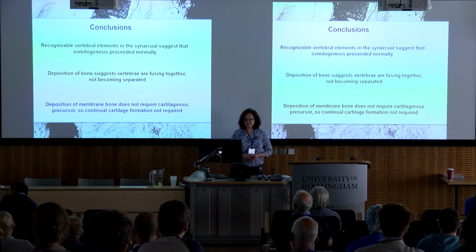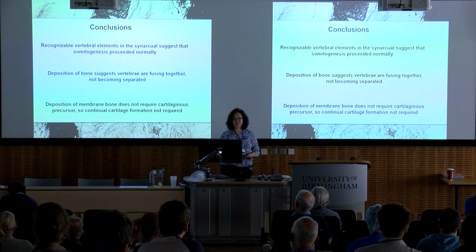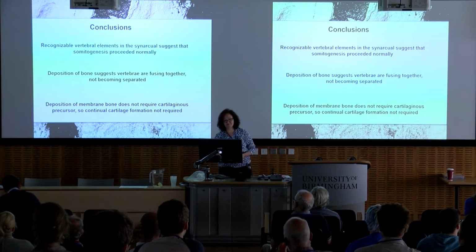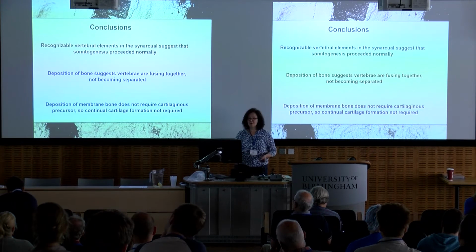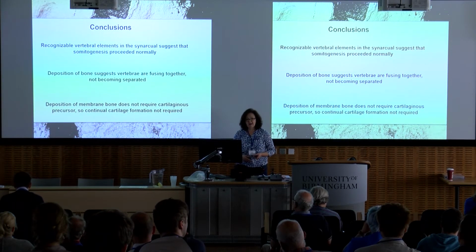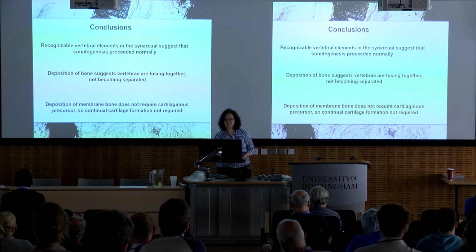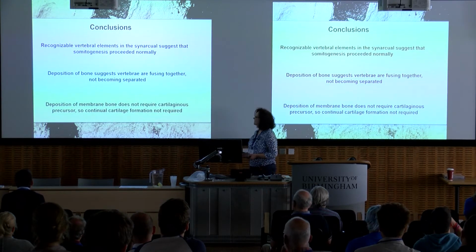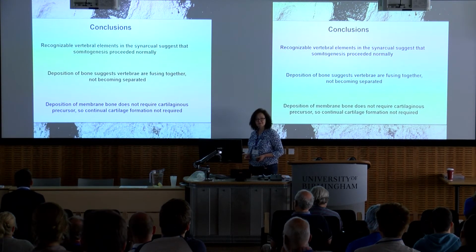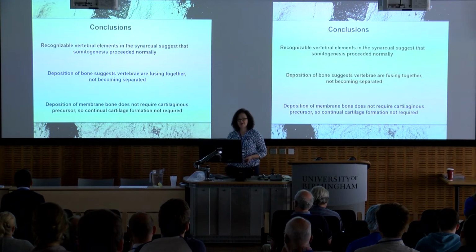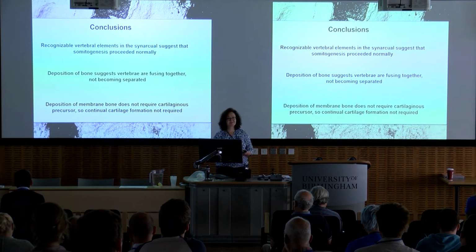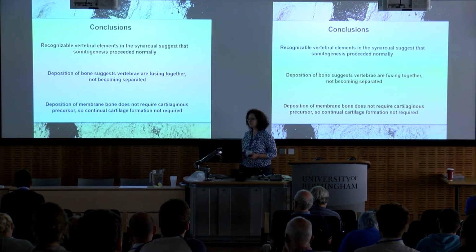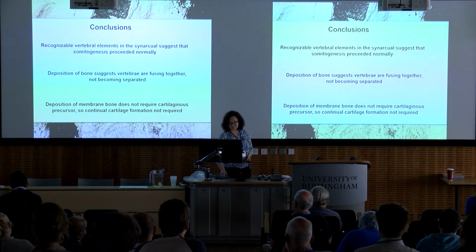In Dunkleosteus particularly, we have the deposition of at least two layers of bone, which suggests that the vertebrae are fusing together, not becoming separated. And the deposition of membrane bone is perhaps the most parsimonious alternative because it doesn't require a cartilaginous precursor. Continuous cartilage formation is not required, and it's not required to reset the program for cartilage development.